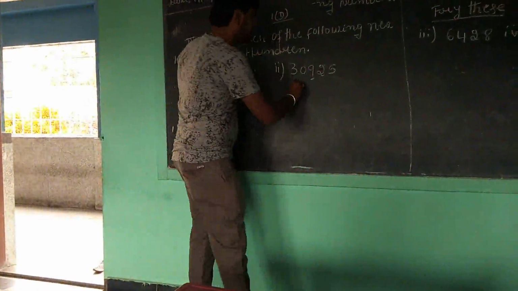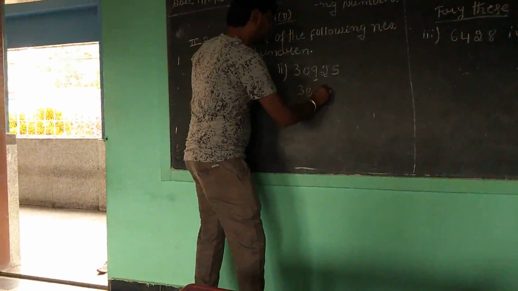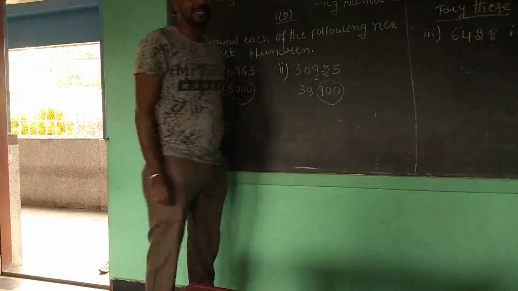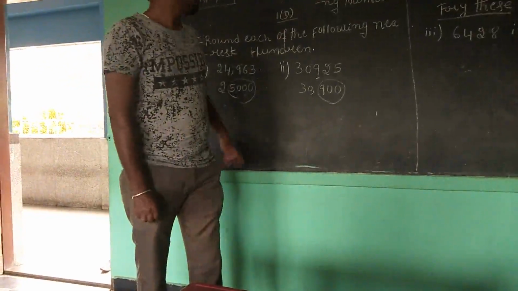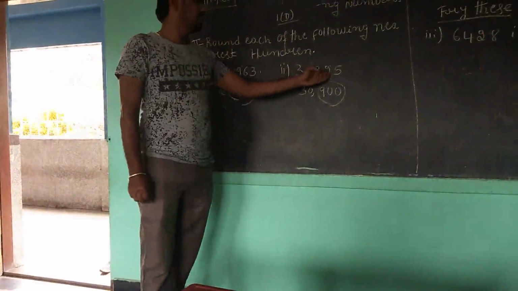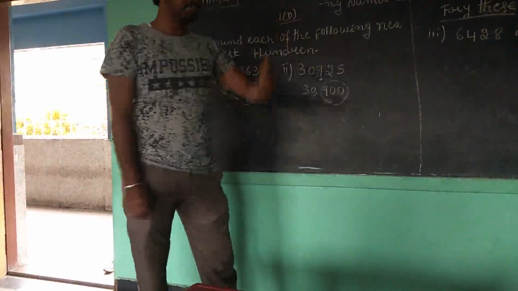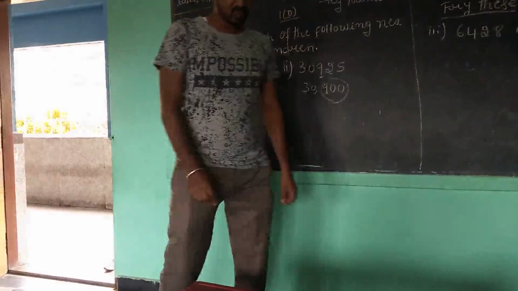That's why it is 30,900. It is very simple. It is very near, because 2 is less than 5. That's why you take only 900. That is 30,900.